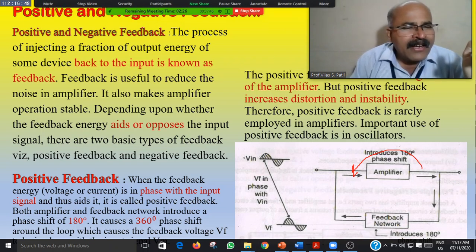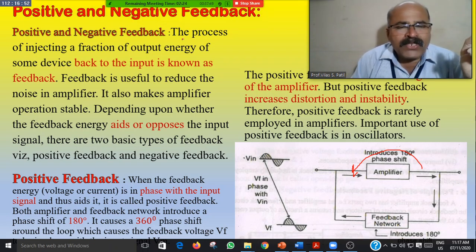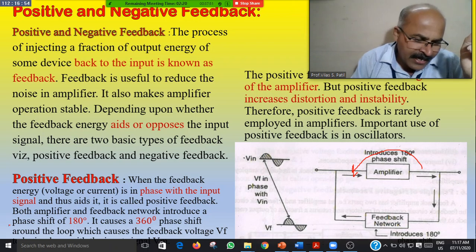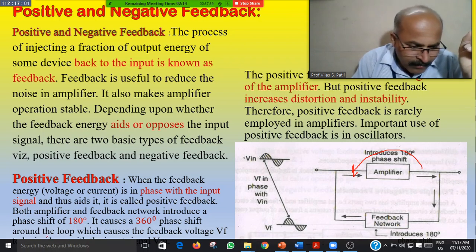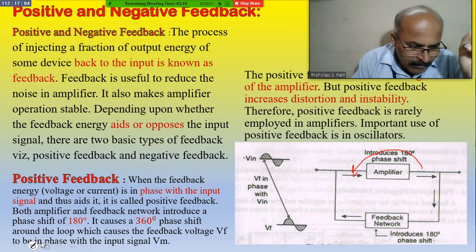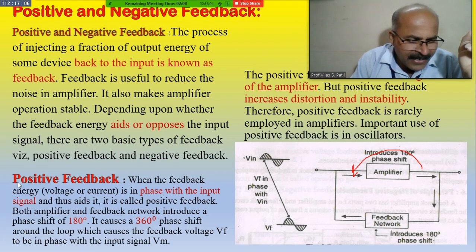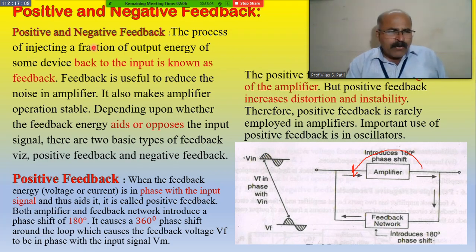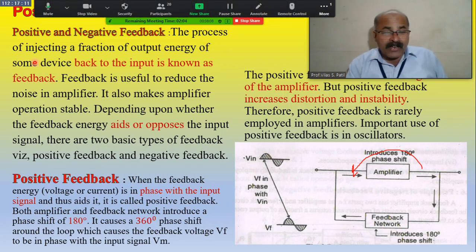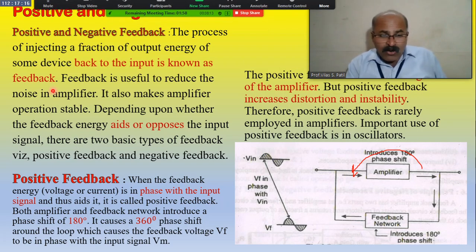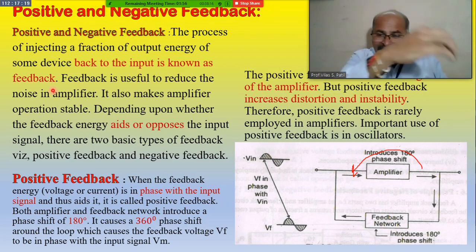Okay, then here positive negative feedback, the process. I am taking the laser. The process of injecting the fraction of the output energies of some device back to the input is known as the feedback. म्हणजे आउटपुटचा थोडासा पार्ट इनपुटला द्यायला लागलो की दॅट प्रोसेस विल बी नोन एज अन फीडबॅक प्रोसेस.